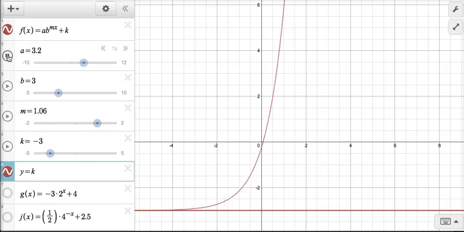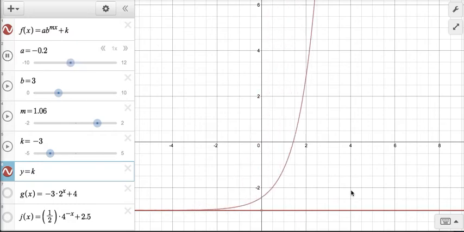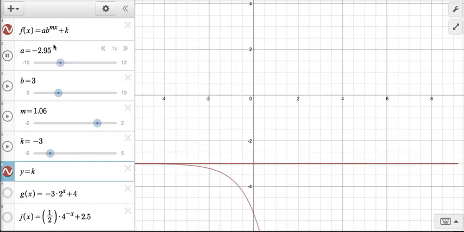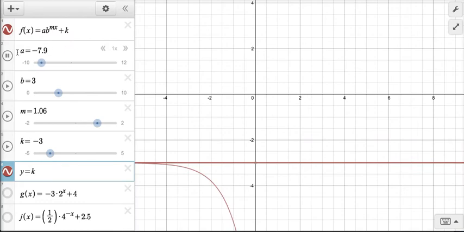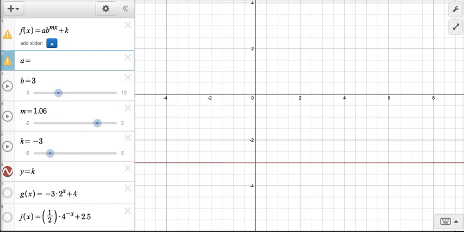I'm going to press play again and watch what this A does. It's above the asymptote, above the asymptote, and now it's negative, so it's below the asymptote. Let's change the A a couple more times. So I'm going to say that A is 2.